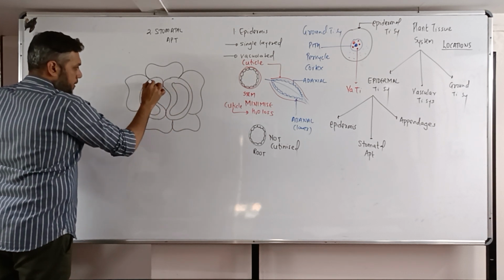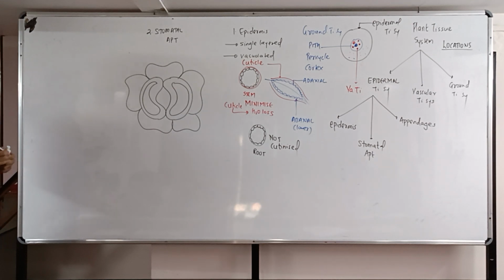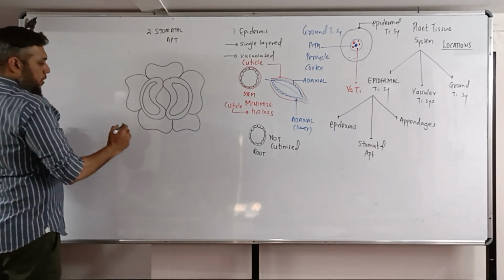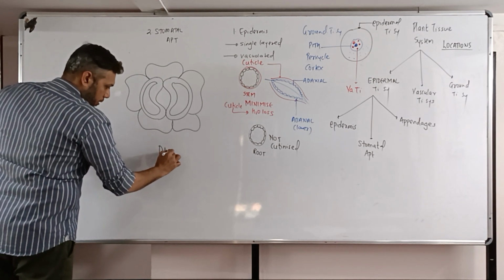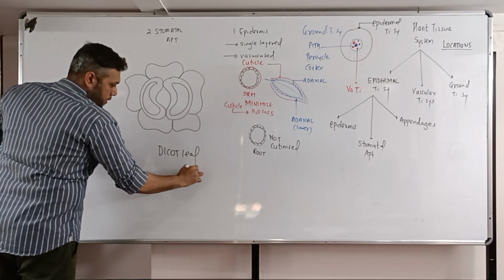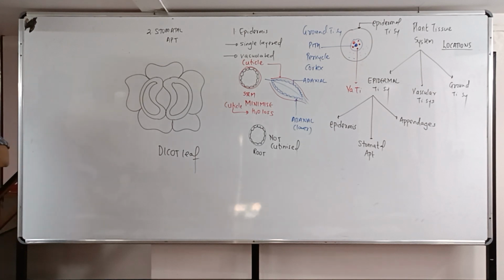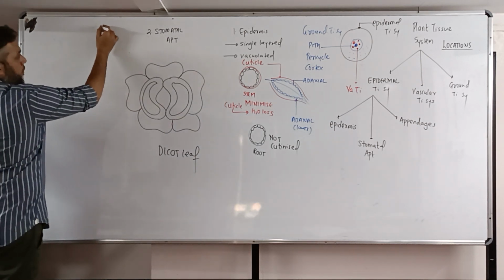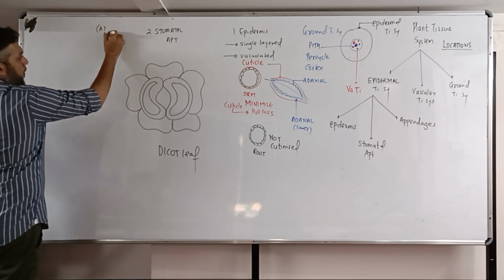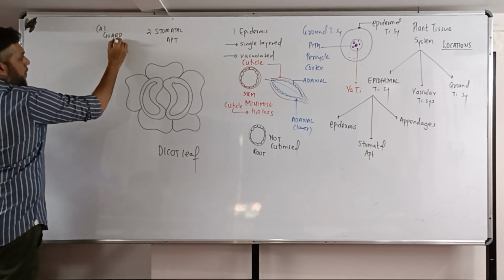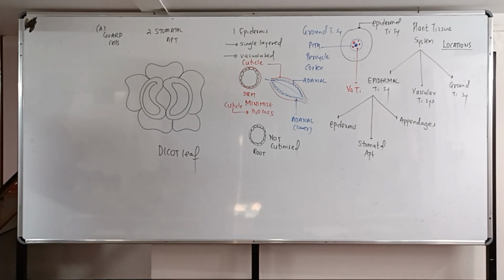Now, we are talking about a stomatal apparatus of a dicotyledonous leaf. It shows the presence of cells called guard cells.